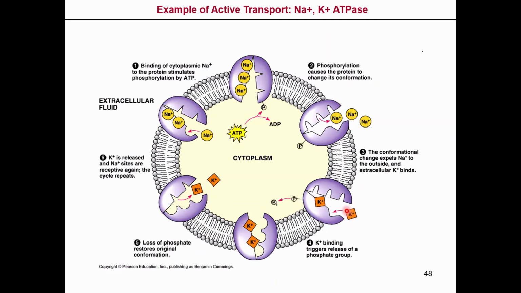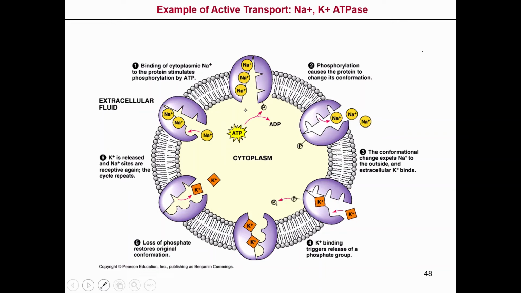The potassium binding allows the release of phosphate. You have a change in the conformation, you restore the original conformation, and then the potassium is released into the cytoplasm, and the sodium sites are receptive again, and the cycle can repeat. Okay, so the source of energy is the hydrolysis of ATP. So it's a primary active transport.